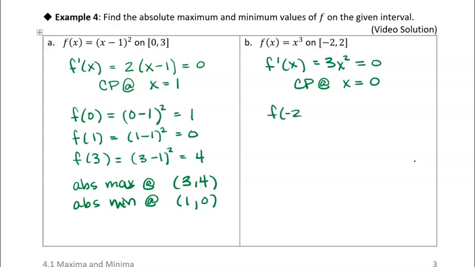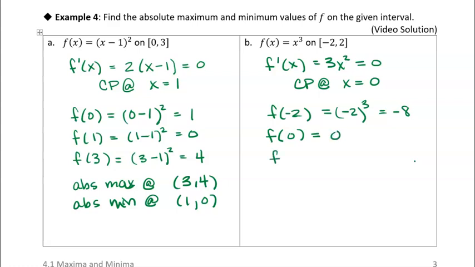So one endpoint is at -2, and when I put -2 into the original function and cube it, I get -8. Then I evaluate the critical point, which is at 0, and I cube 0, and I get 0.